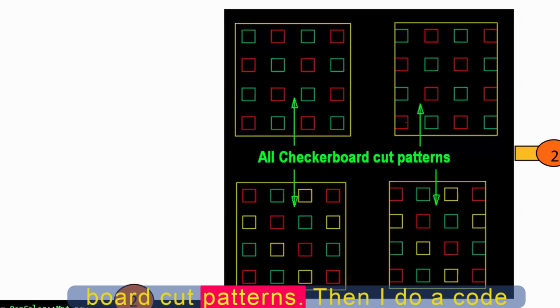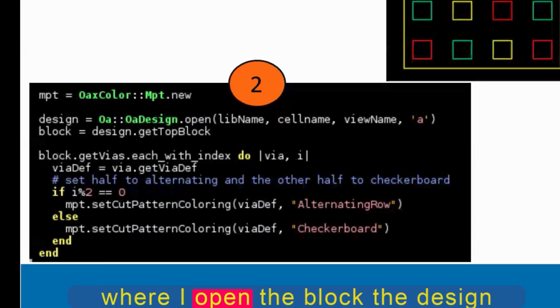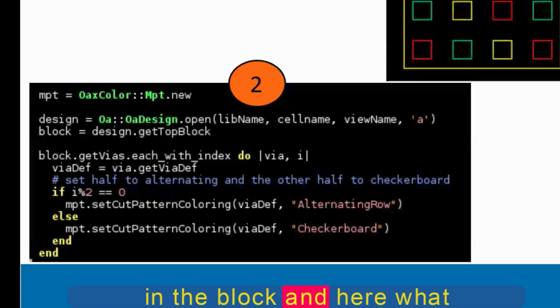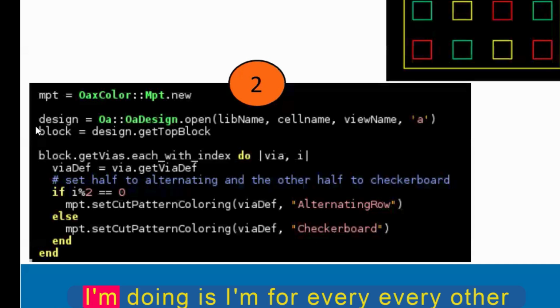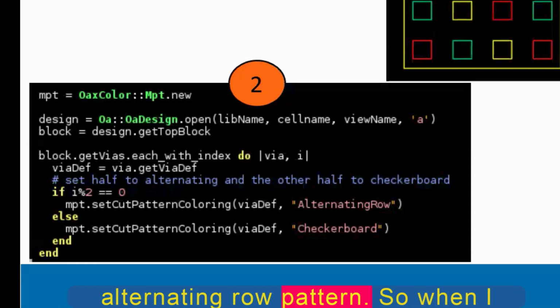But by default, they are all checkerboard cut patterns. Then I do a code where I open the design and the block, and get all the vias in the block. And here, for every other via array, I'm changing the pattern to an alternating row pattern.